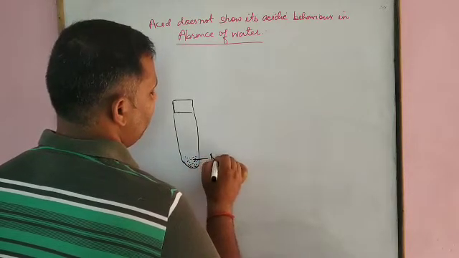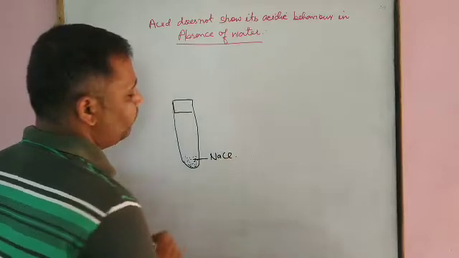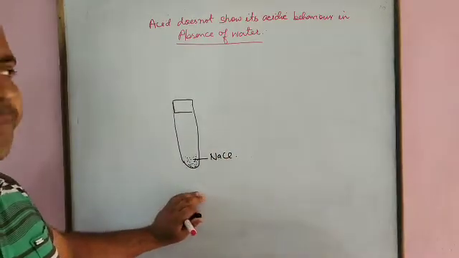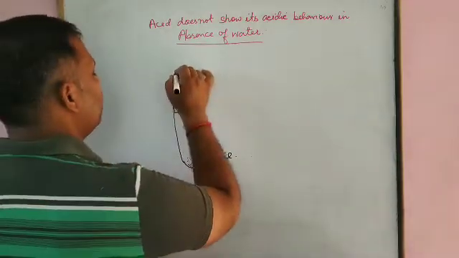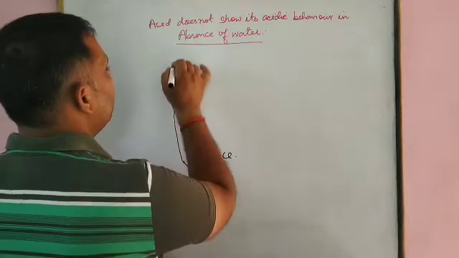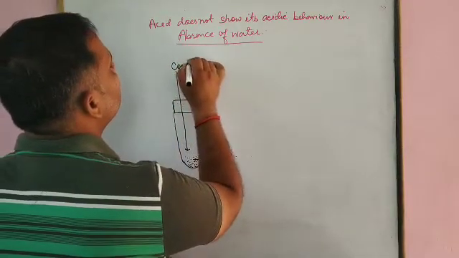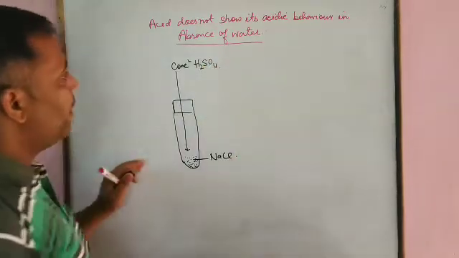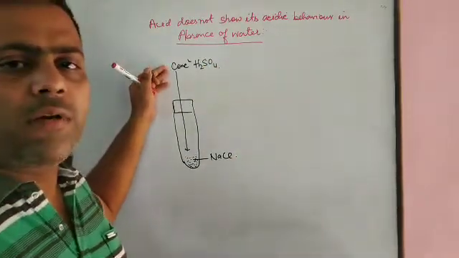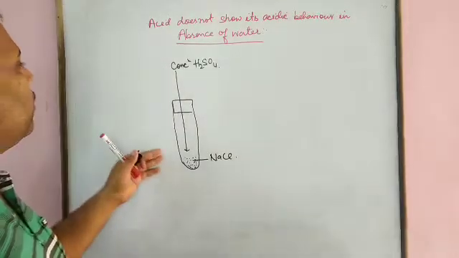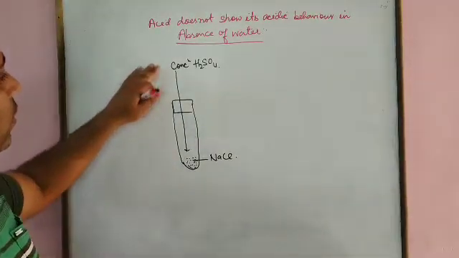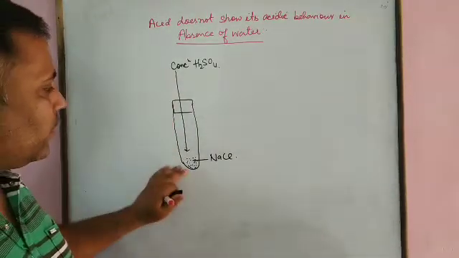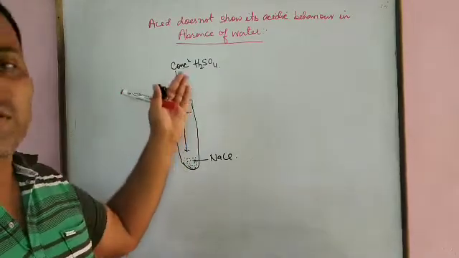To this NaCl, we add concentrated sulfuric acid. On addition of concentrated sulfuric acid, a gas will evolve.